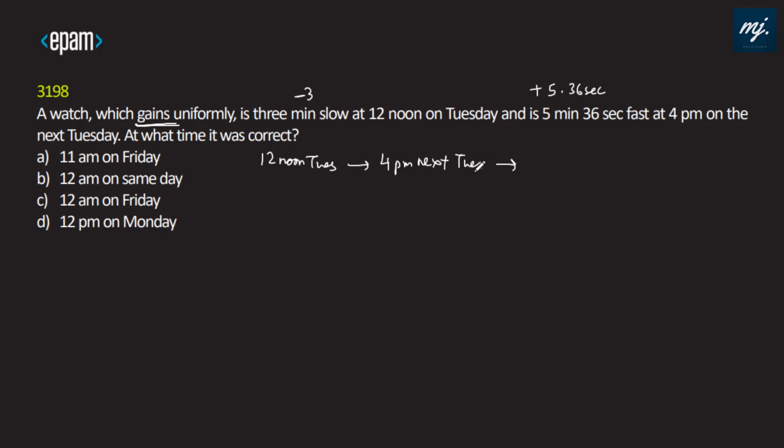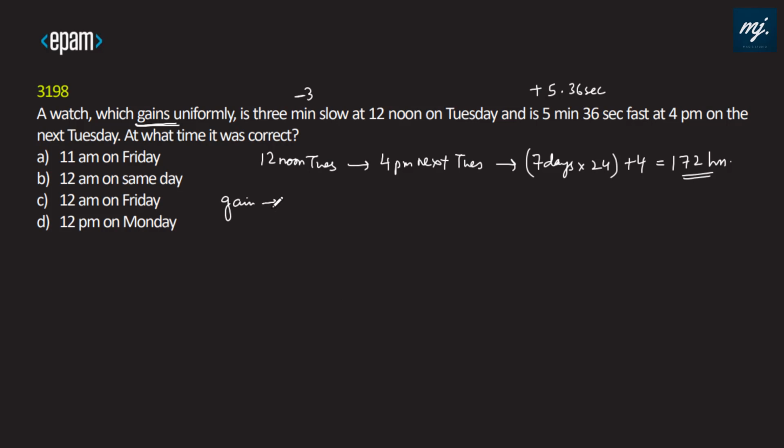So it would be straight away 7 days till 12 noon Tuesday. 7 days, this can be written as into 24 hours. Plus from 12 to 4, add 4 more hours. So 7 into 24 is 168 plus 4. That means time travel is 172 hours.